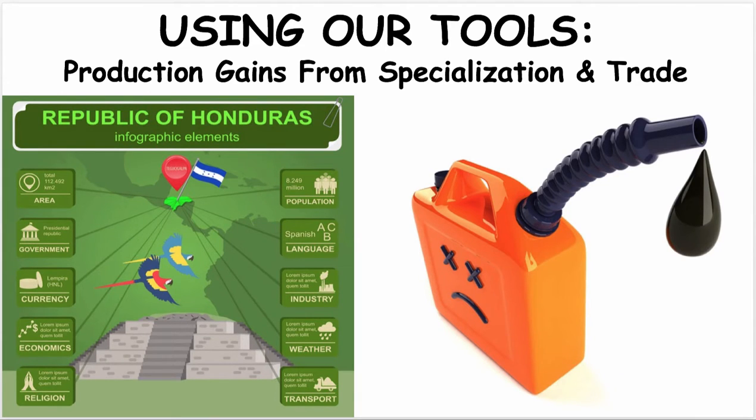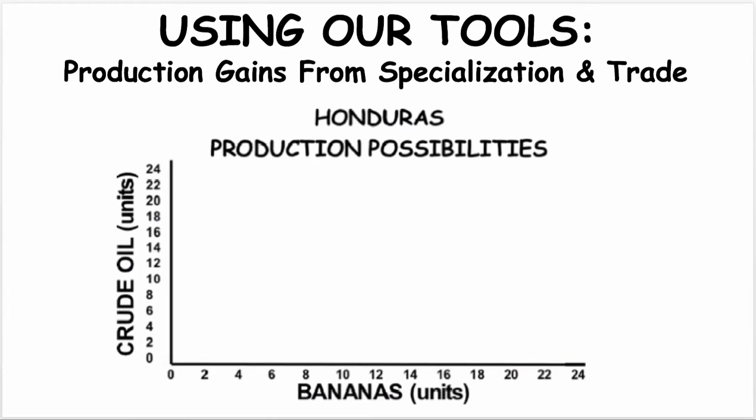On the other hand, unfortunately, there's not very much crude oil underneath Honduras. So if you take the same number of workers, the same amount of resources, and they try to find crude oil, they might be able to find some, but not very much.